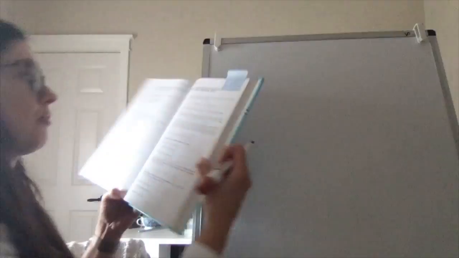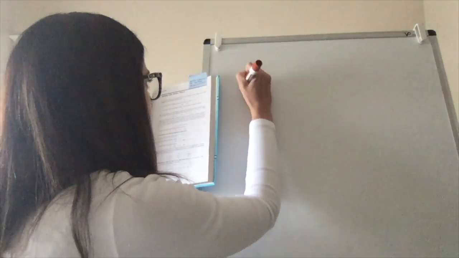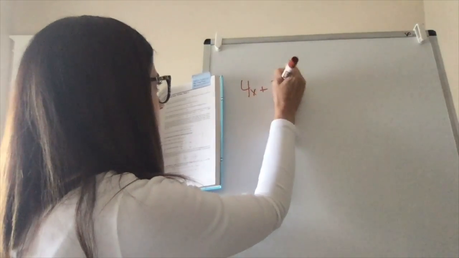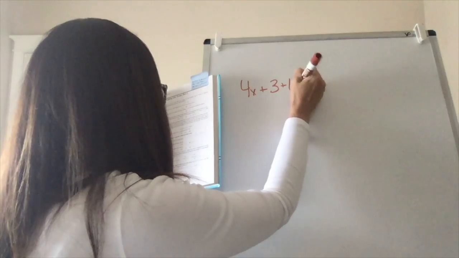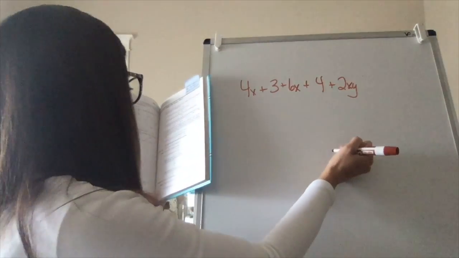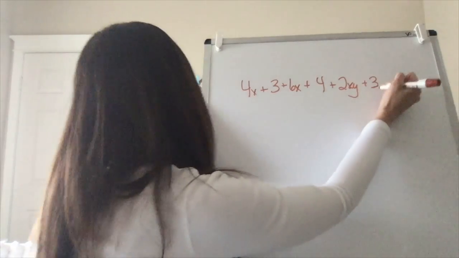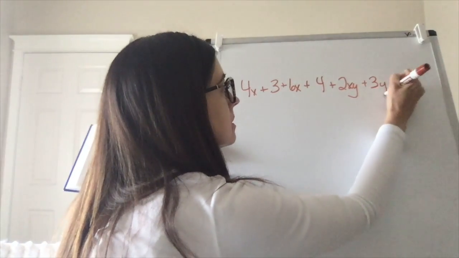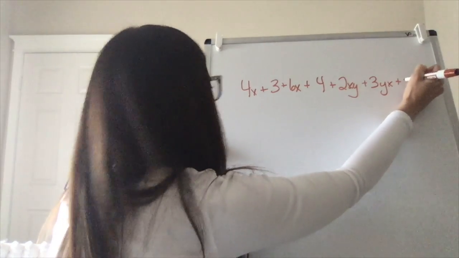The next example says simplify by adding like terms. And we have 4x plus 3 plus 6x plus 4 plus 2xy plus 3yx plus 2.